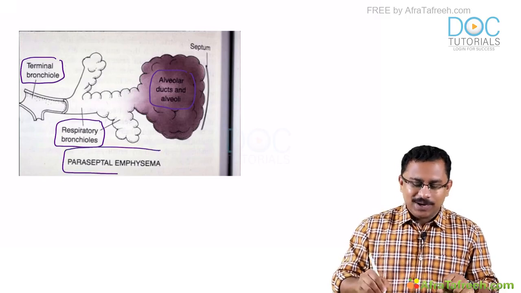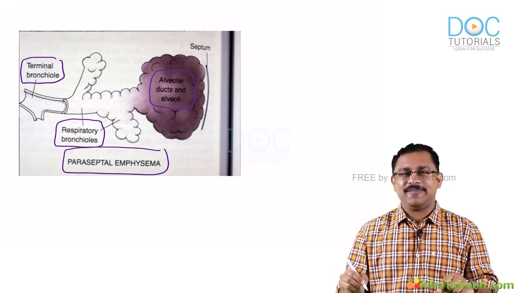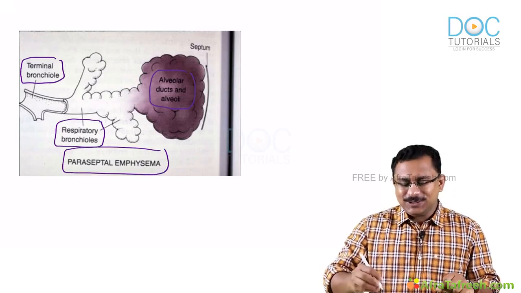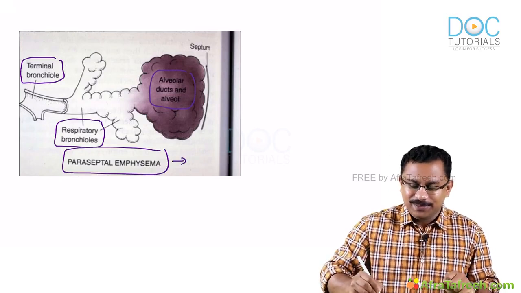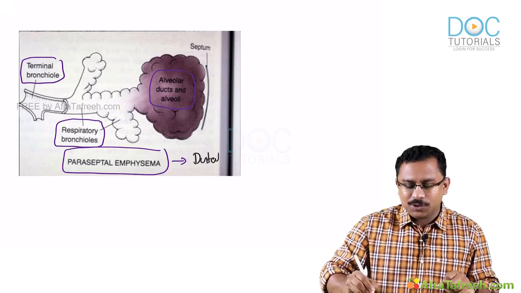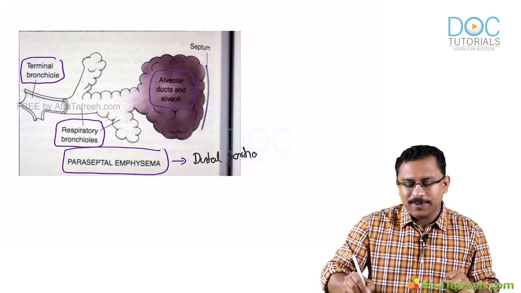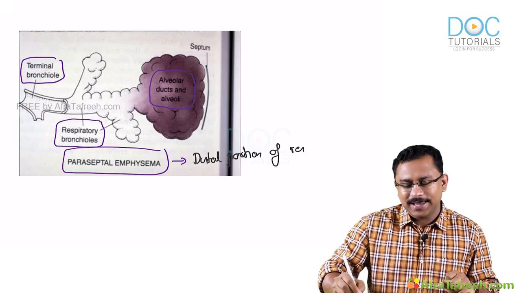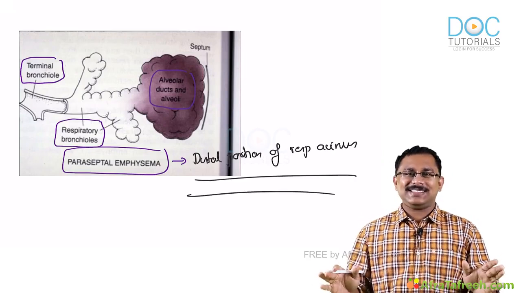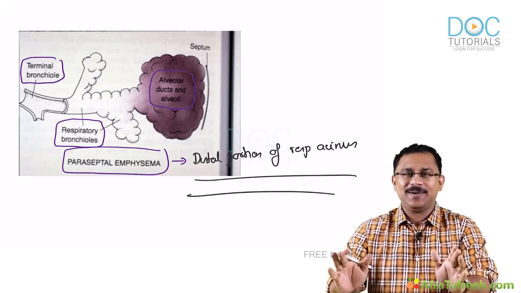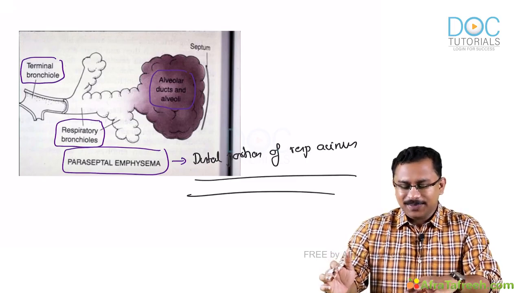This type is known as a paraseptal emphysema. So you will agree with me if I say that in this subtype it is the distal portion of the respiratory acinus that is involved. Agree with me? Distal portion of the respiratory acinus. In which one? Paraseptal. Okay, alright.